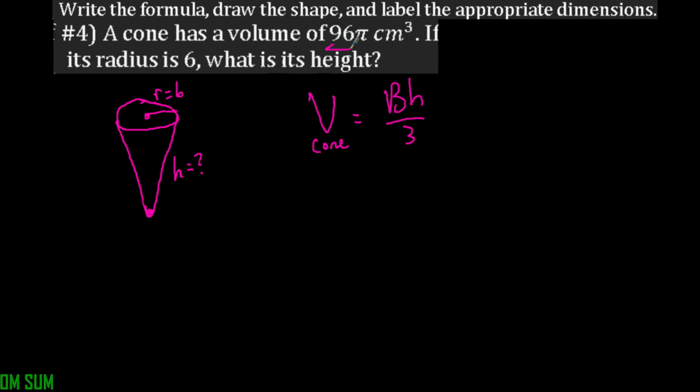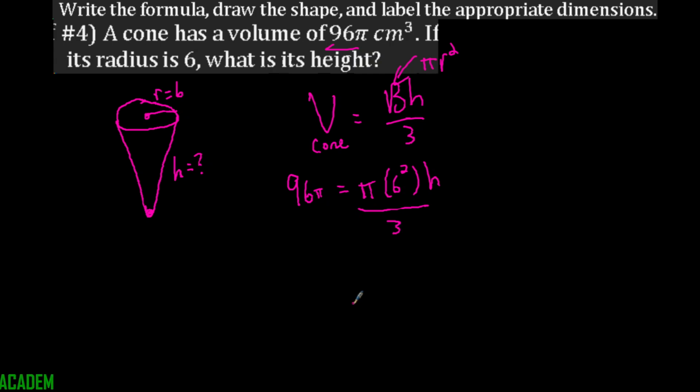I'm going to use the volume that it gives. So I have 96 pi equals pi times 6 squared, because that's our radius squared. Again, make sure to remember that this is pi radius squared. And we have times h, which we don't know, so we're just going to leave it as a variable, all divided by 3.